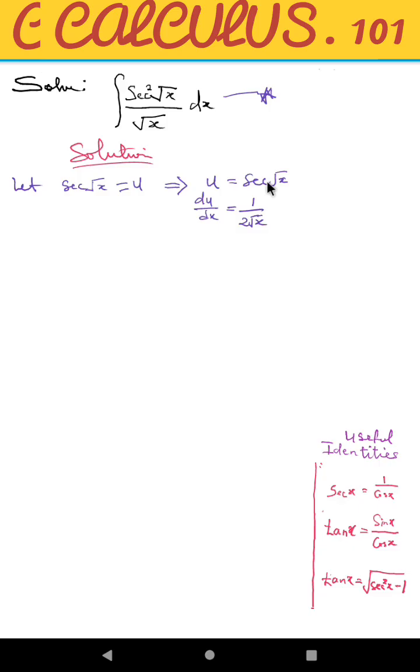Similarly, when you differentiate sec root x, that will give me sec root x tan root x. And from here, if I make dx the subject of the formula, I'm going to have 2 root x du all over sec root x tan root x.